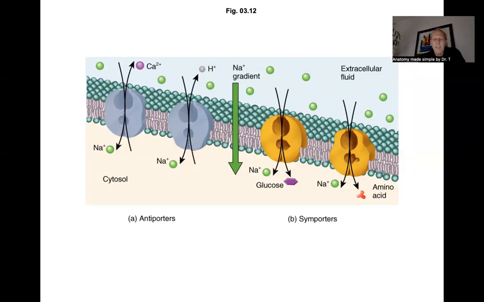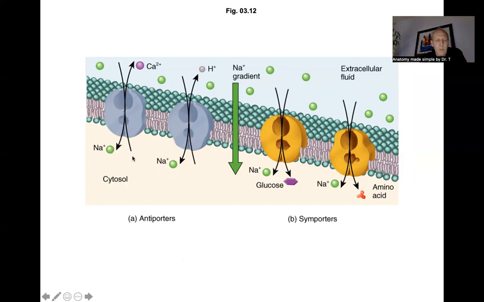This is going to make things just a little bit more interesting. There are some protein channels that are called antiporters, and antiporters means that within the same cycle of this enzymatic pump, we have 2 substances that are moved across the cellular membrane, but in opposite directions.